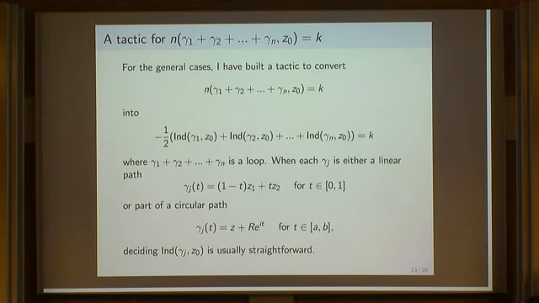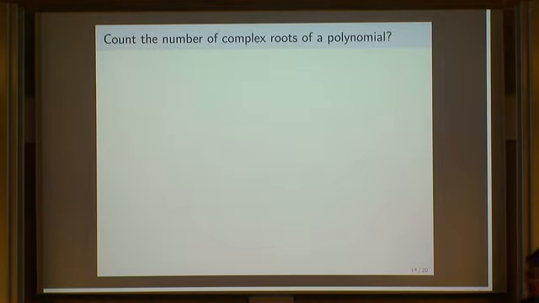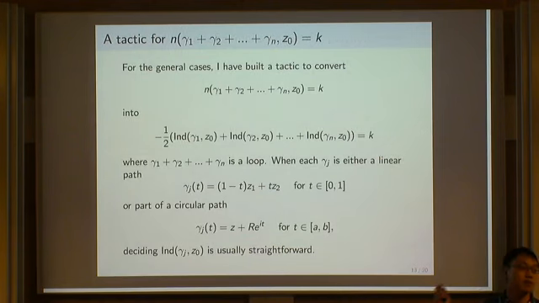When each of these subpaths is either a linear path or part of a circular path, evaluating its Cauchy index is really straightforward. Okay, that is my first part, which is about the tactic to facilitate reasoning of winding numbers.